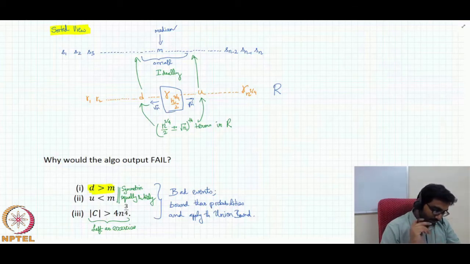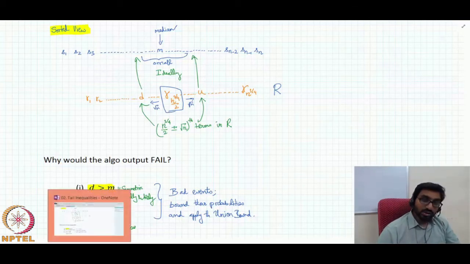So let's look at the first manner in which the algorithm can fail.